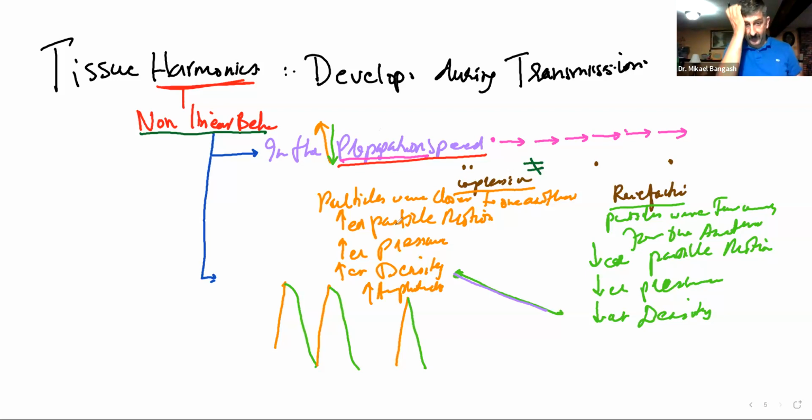It is going to be during compression, whereas there will be a lower amplitude during rarefaction.